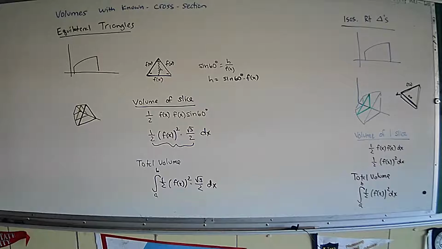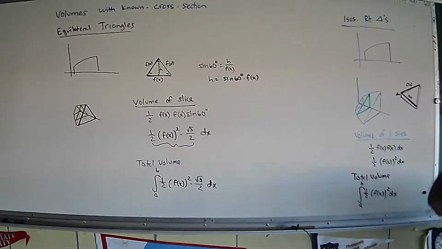What do the semicircles look like here, or the equilateral triangles look like over here? See that? And if I make more of them. That's kind of fun. What's the last one?